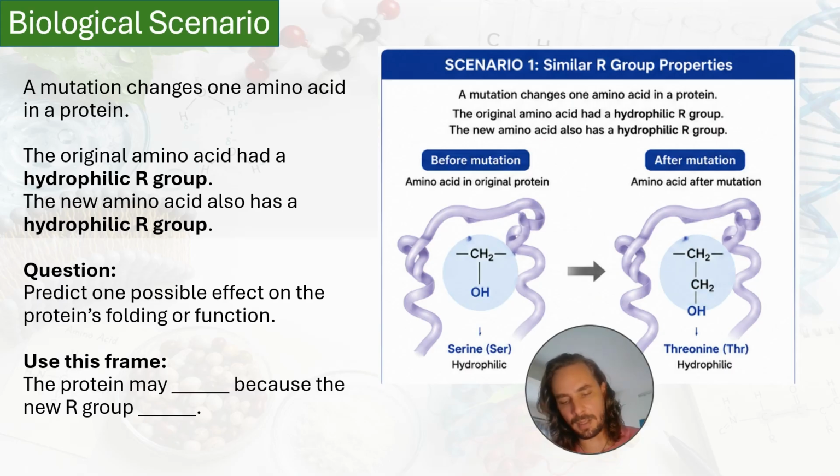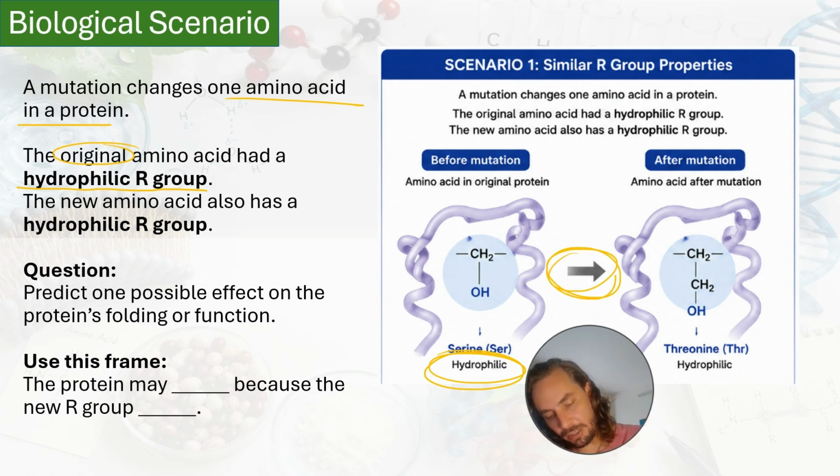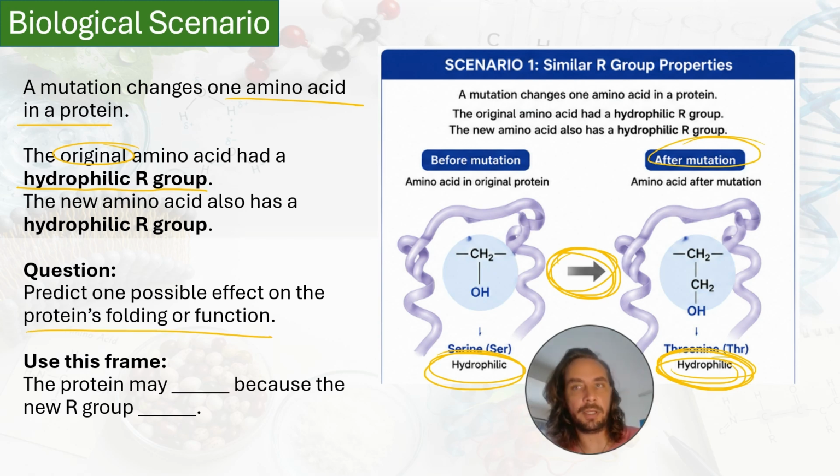Here is a type of biological scenario. I have a protein that has a mutation, and only one amino acid changes in that protein. The original amino acid has a hydrophilic R group. And now a mutation happens. After the mutation, I have another hydrophilic R group. So predict one effect on the protein's folding or function.